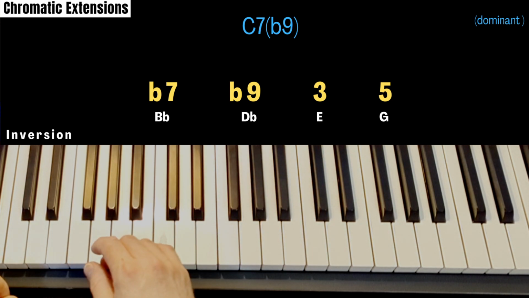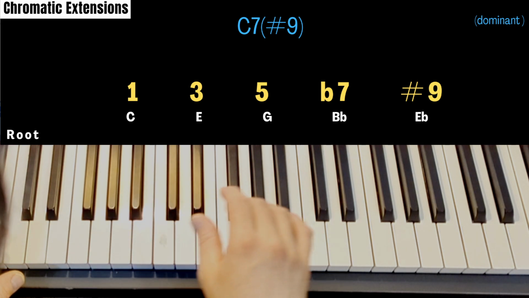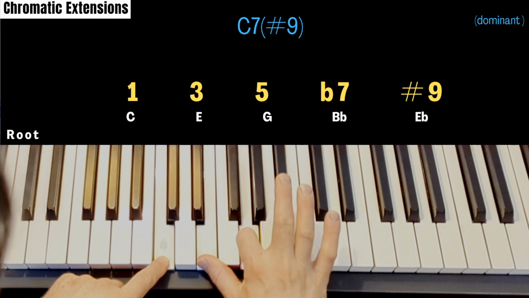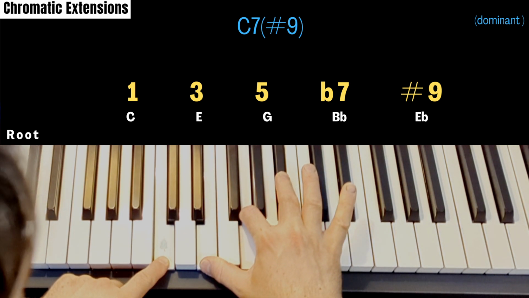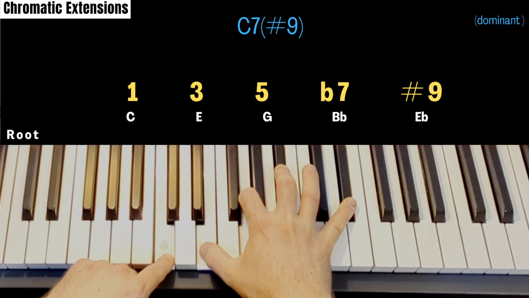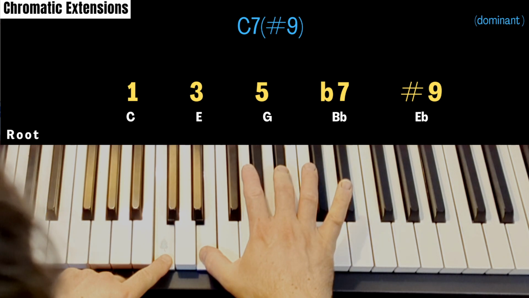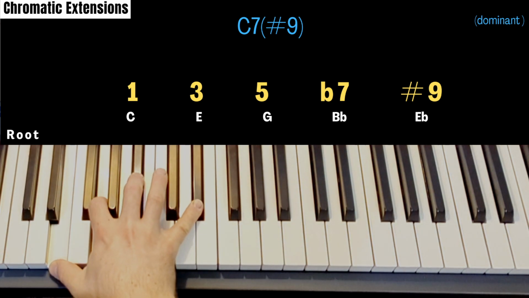Then we've got a C7 sharp 9, and this is a great chord. We've got root, 3rd, 5th, flat 7, then here's the 9, but we sharpen the 9. Now see, it's almost like you've got a major 3rd there and a minor 3rd up the top. And that's the kind of clash I really like.